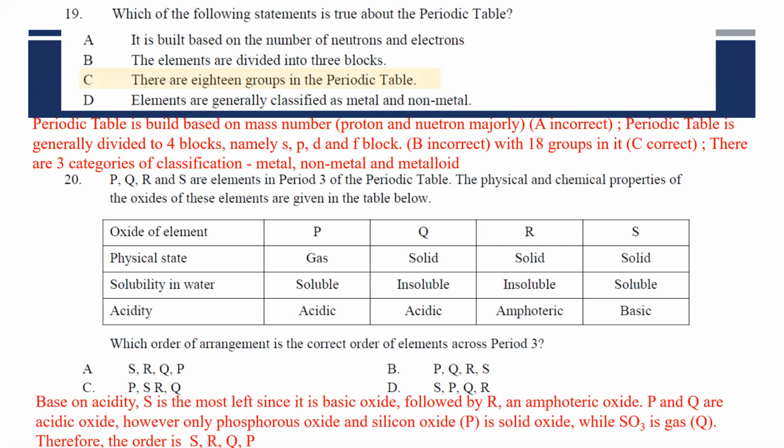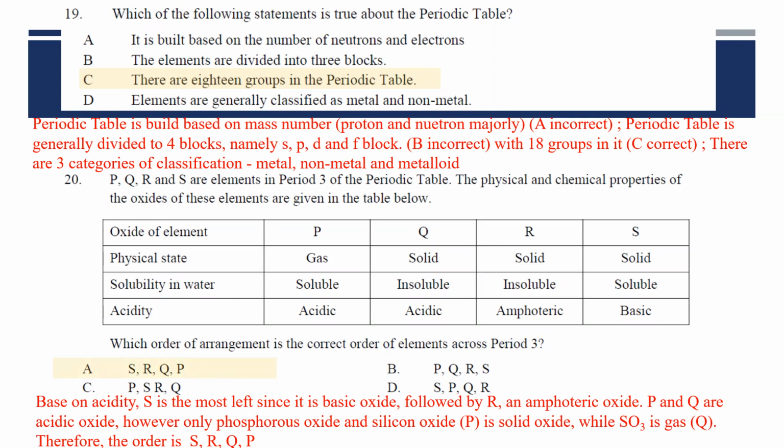So followed by R, which is less acidic, in contrast with the ionization energy values. Okay, so you can go back and search by yourself. So P and Q are acidic oxides. However, only phosphorus oxide and silicon oxide are solid oxides, with SO3 and SO2 gases. So the best one is still A, the answer.